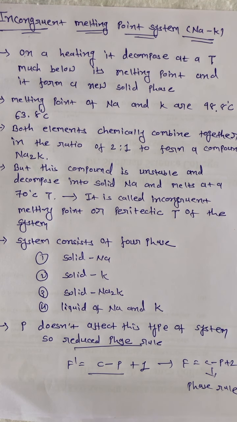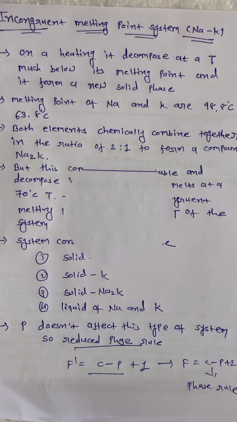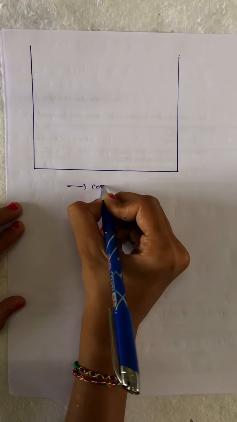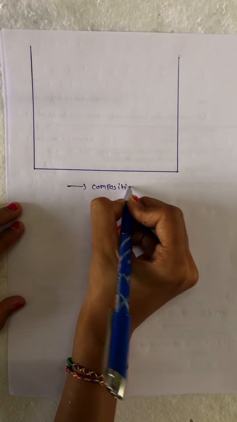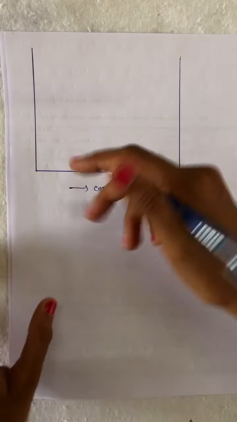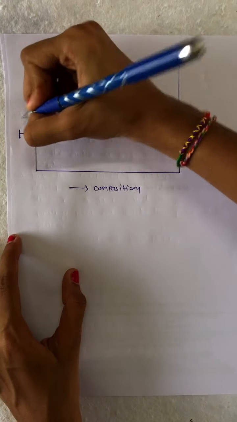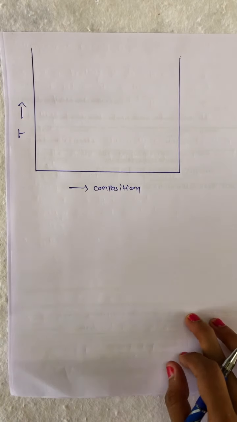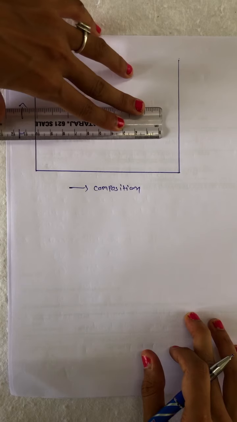Now let's look at the figure. Here I'm going to draw a figure of the Na and K system. On the x-axis we take composition, and on the y-axis we take temperature, right? Now we can draw a line here, and also another line here, so that it looks like this, right? Now we are going to draw the curves.